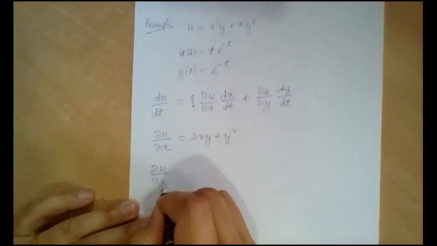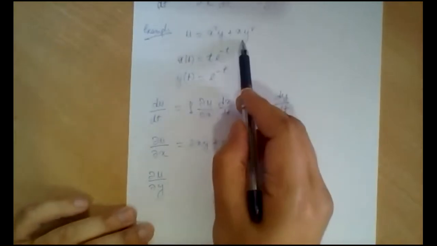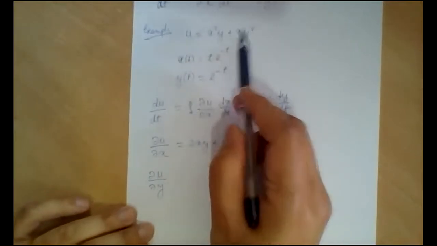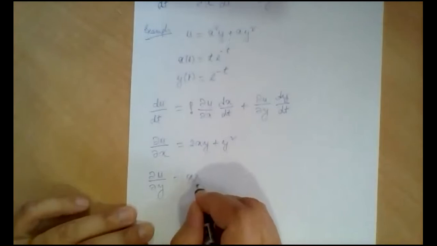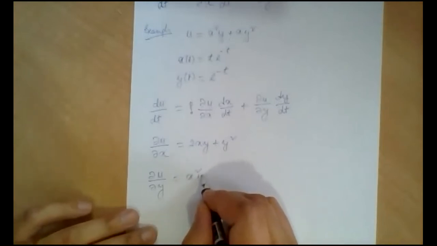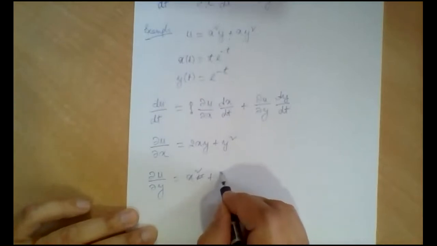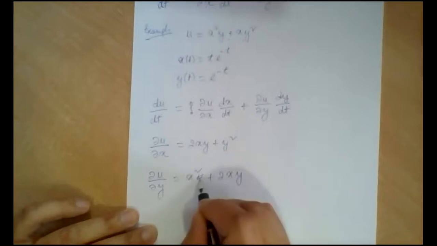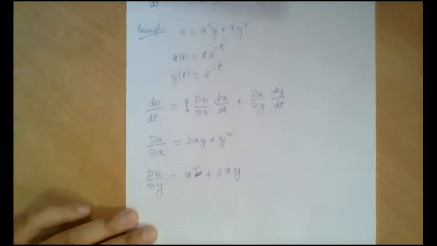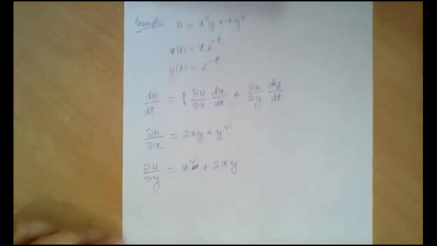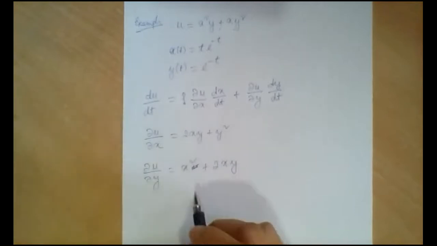This is the given function, so del u by del y is equal to x square plus twice xy. So we have calculated del u by del x and del u by del y.